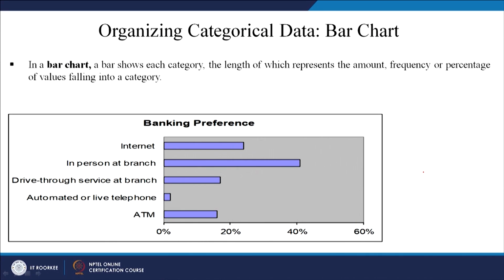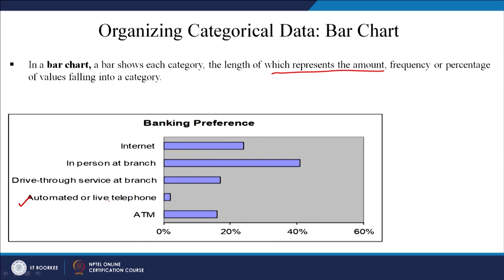In a bar chart, a bar shows each category, the length of which represents the amount, frequency, cumulative frequency, percentage or cumulative percentage. Okay. So, the same information we presented in tabular form is available here in the bar chart. We will say this is 2% automated or live telephone and this is 41% in person at branch.